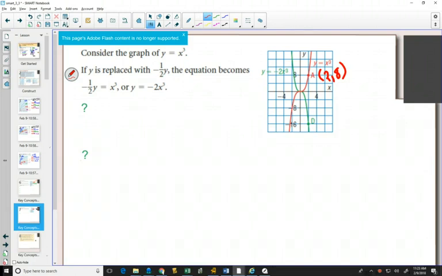Can you see that you could put those together and just multiply y by -2 all at once? And sure enough, on the green graph, that's all we've done. We've taken our y value and multiplied it by -2.